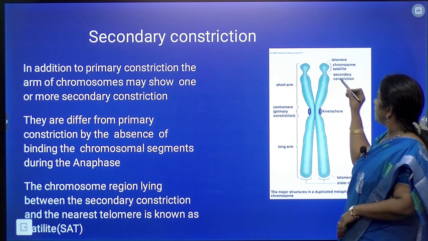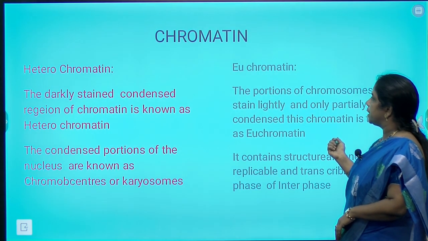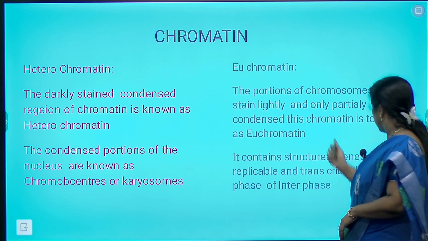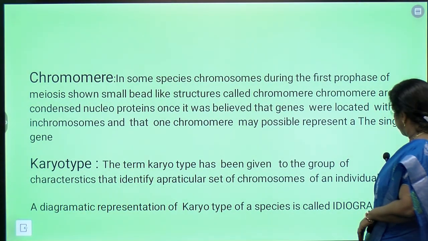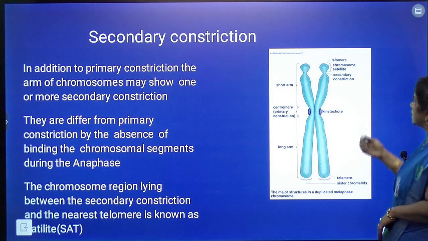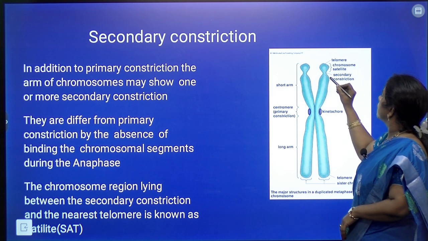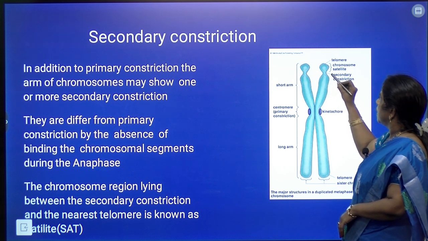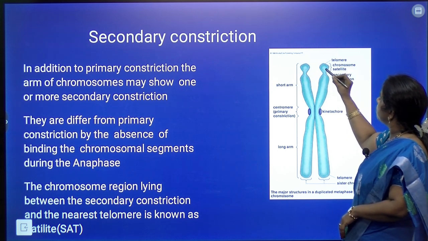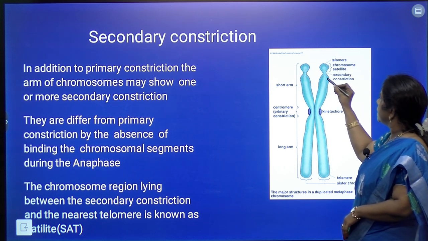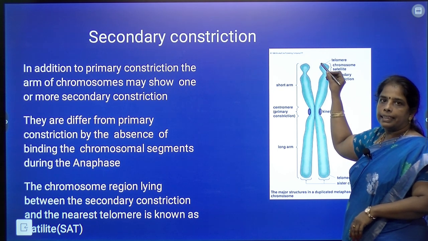How does it differ from the primary constriction? It does not bind the chromosomal segment during the anaphase, and the region between the telomere and the secondary constriction is called the satellite.